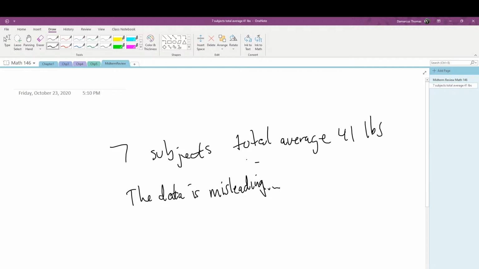We don't know what all the data is. We don't have a chart of the data to analyze it to see if the average is a good measure of center. But what we can say for certain is that this does have a significance because there was loss happening, and that's exactly what we needed to happen.